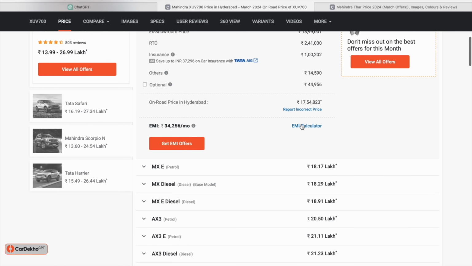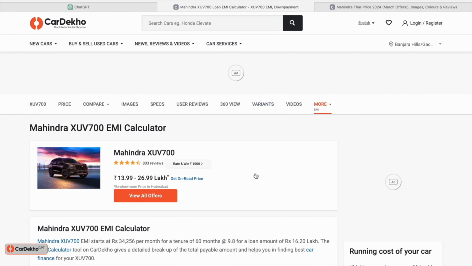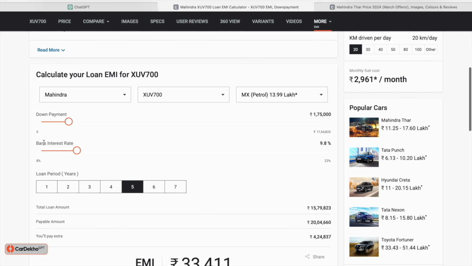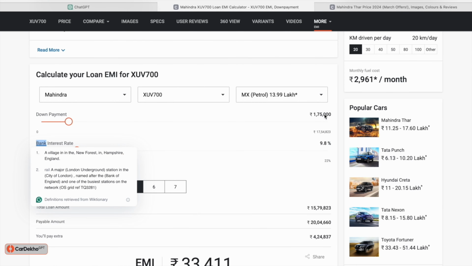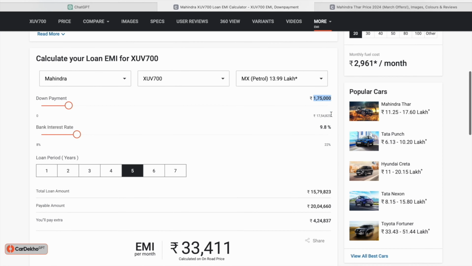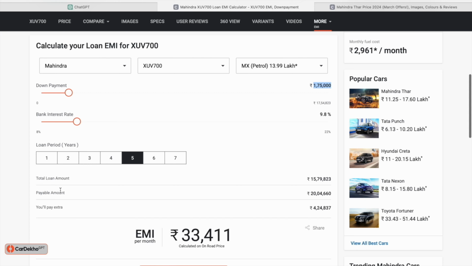And we have an EMI calculator here. Just open that. And as you can see, the bank interest rate is 9.8%, and we are paying 1,75,000 as a down payment.